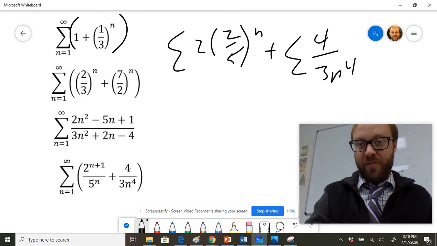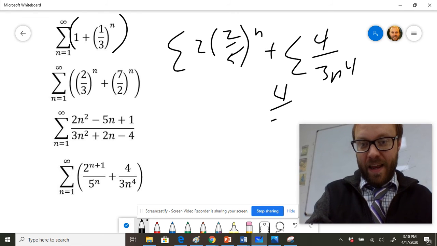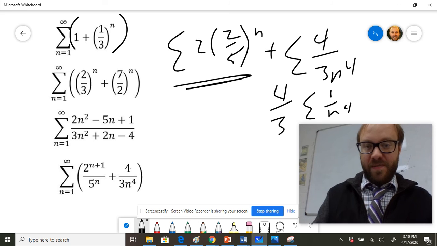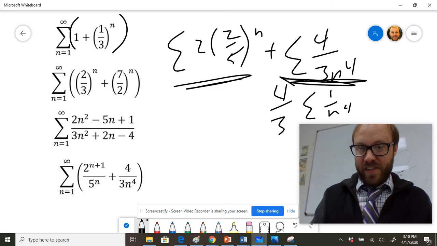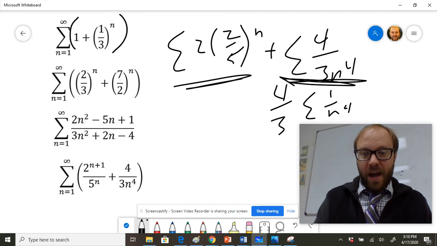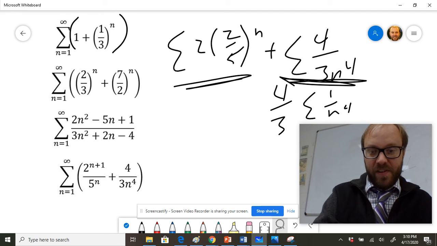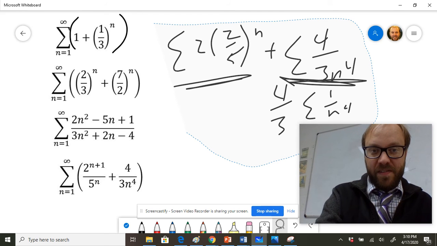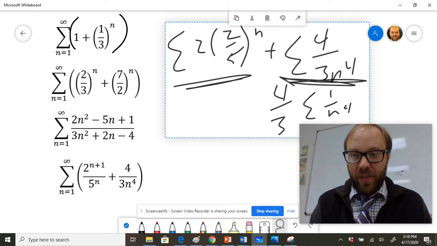You could factor out the 4/3 there, and then you have 1/n to the fourth, which is a convergent p series. So this converges, it adds up to something. This converges, it adds up to something. So if the two parts are both convergent, it's going to converge. And meanwhile, if the two parts did not both converge, it would be divergent. If even one of the two diverges, the whole thing will diverge.